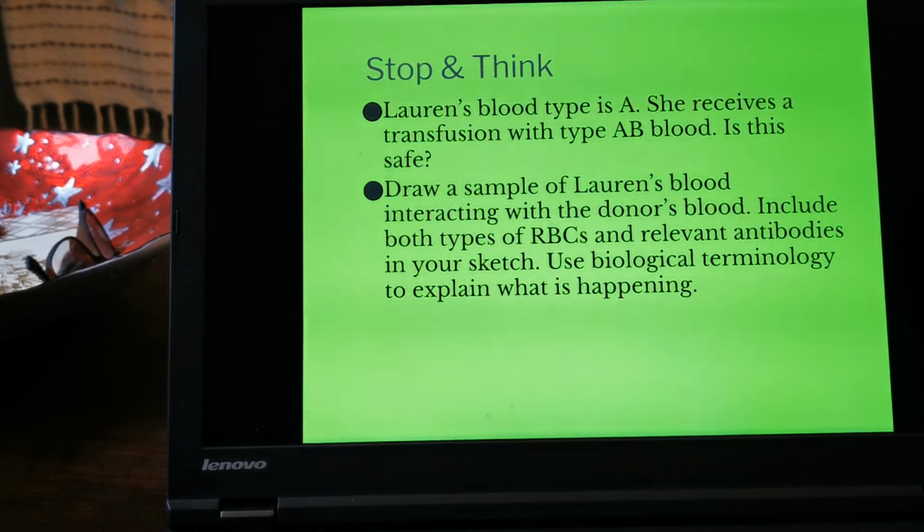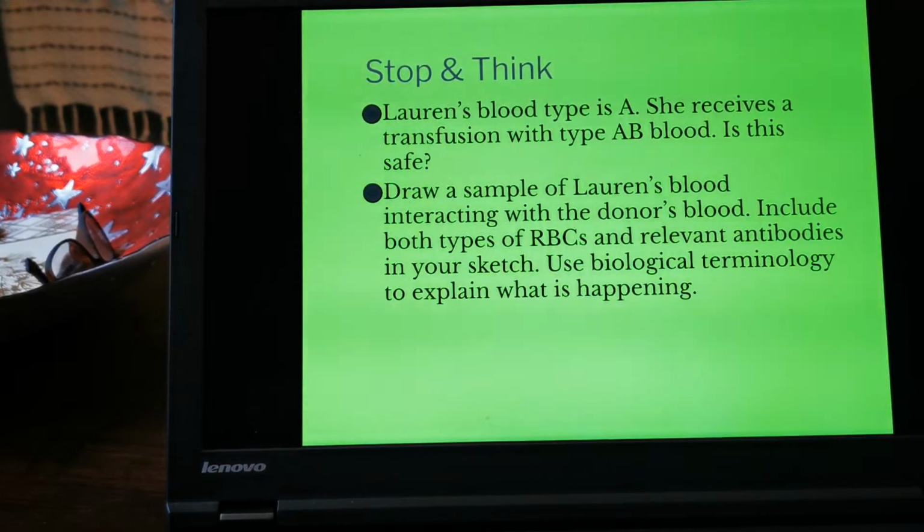So when we get a bacterial infection, a viral infection, an organ transplant, or the wrong kind of blood type, our immune system recognizes foreign antigens, which means antigens that are different from anything in our own body. And if they're foreign, our immune system will attack. We'll look at that in a few minutes.